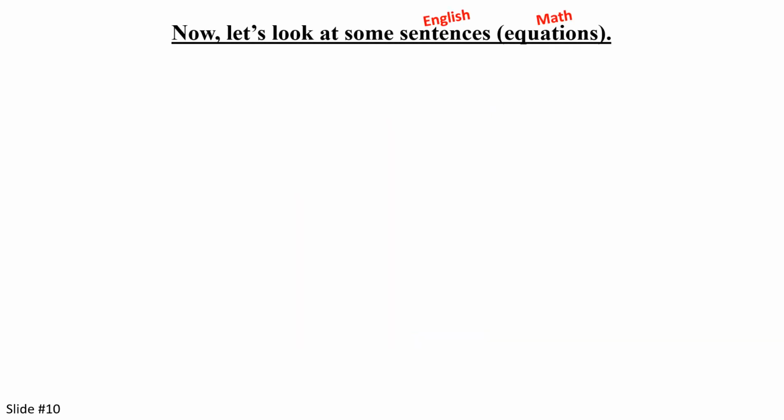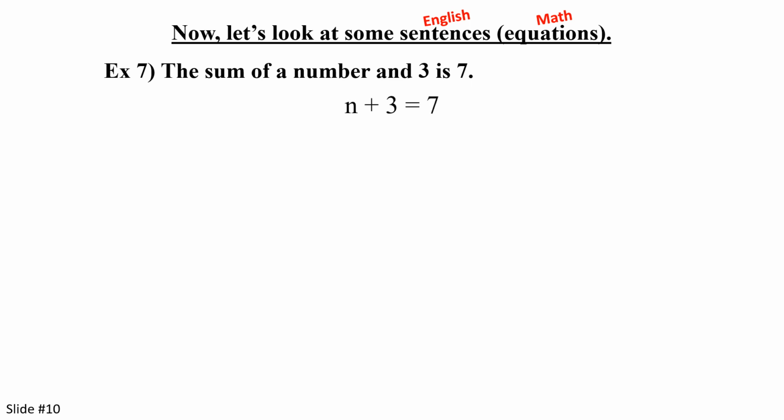Now let's look at some sentences, that's English, to get equations, that's math. The sum of a number and 3 is 7. This is a complete sentence, unlike before where we had phrases. Here's the translation: n plus 3 equals 7.